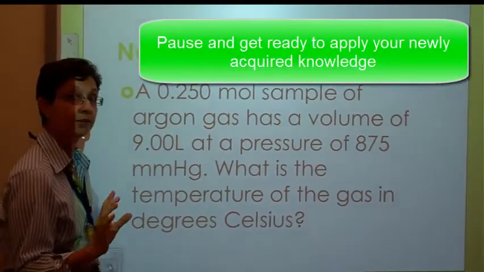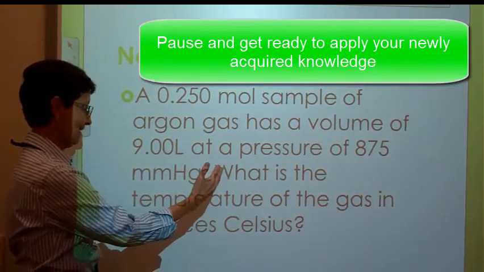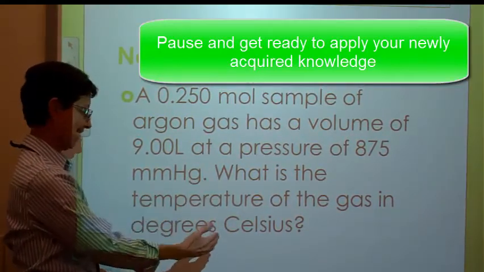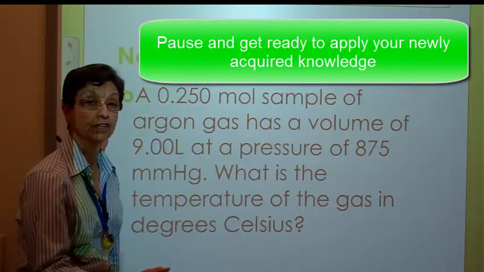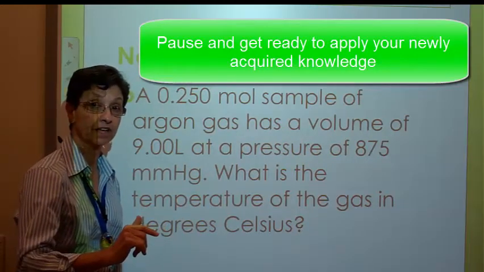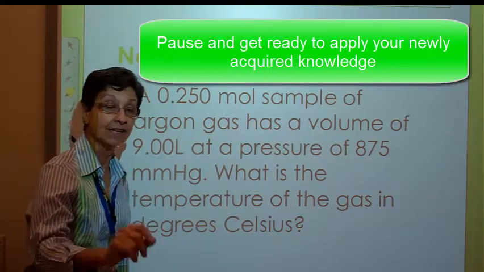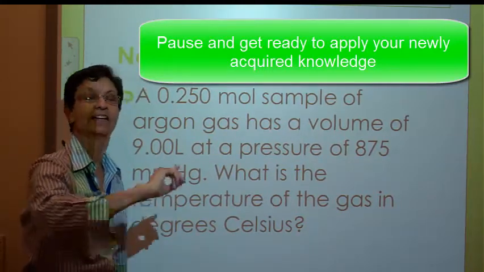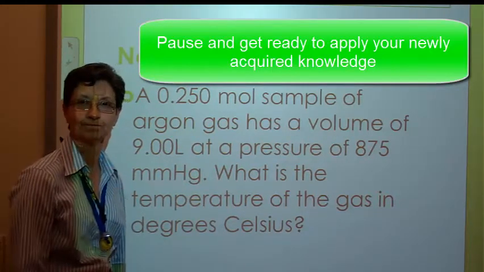Notice, be very careful, notice that in this problem, it says what is the temperature of the gas in degrees Celsius. Does that mean you're going to solve it in degrees Celsius? No, no, no. You have to solve it in kelvins and then go back and change it to Celsius. Good luck.